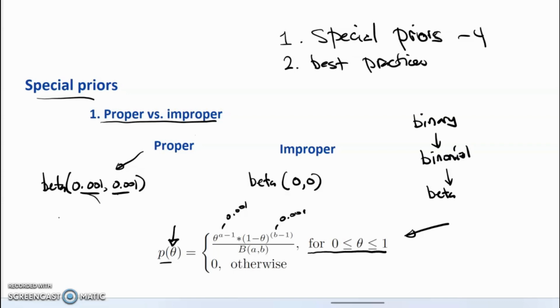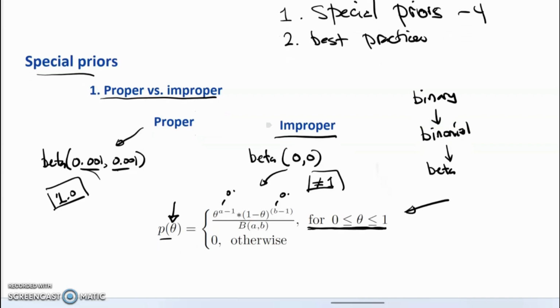The area under the curve is going to be equal to 1.0, which is a proper probability distribution. On the other hand, if we put in 0 and 0 and integrate over all possible values of theta, then the area under the curve does not equal 1, and we do not have a proper prior. We have an improper prior.